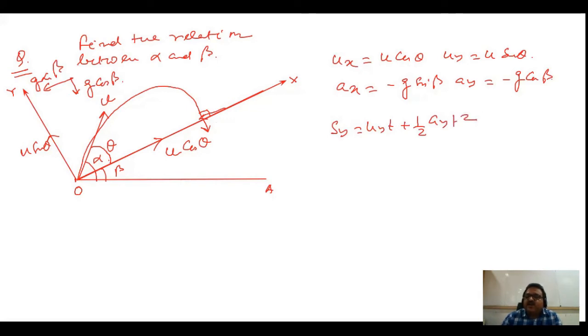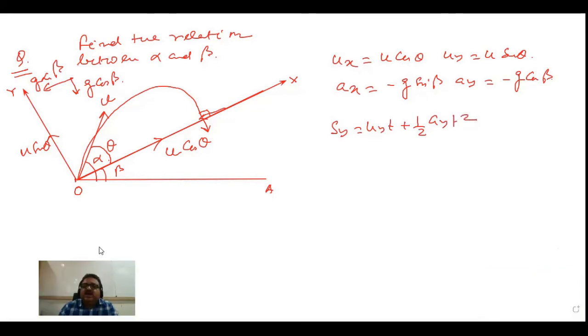Sy, starting from here, reaching here, vertical displacement is 0. What is uy? Along positive y-axis, plus u sine theta multiplied by t, the time of flight, plus half, what is ay? Ay is minus g cos beta into t square.